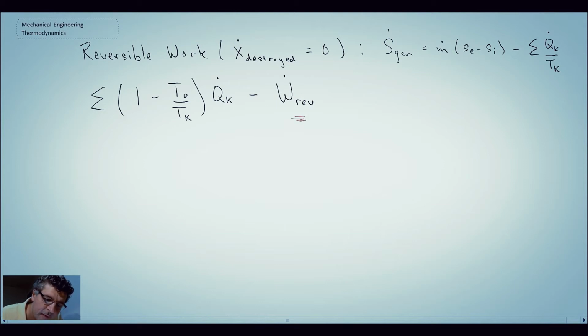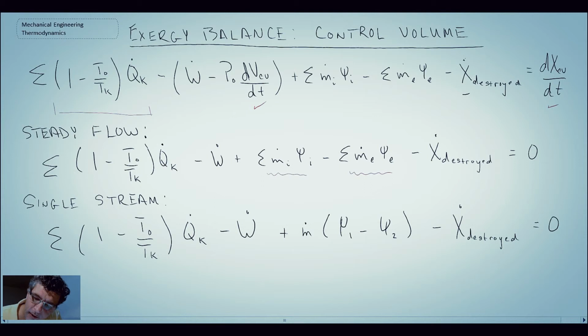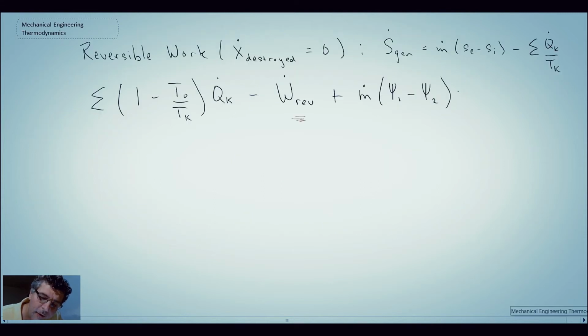I've added a reversible here because we're dealing with 0 exergy destroyed. And the exergy destroyed term is removed from the equation. Oops, sorry. And then all we're left with is that. So that becomes the equation for exergy destroyed equal to 0.